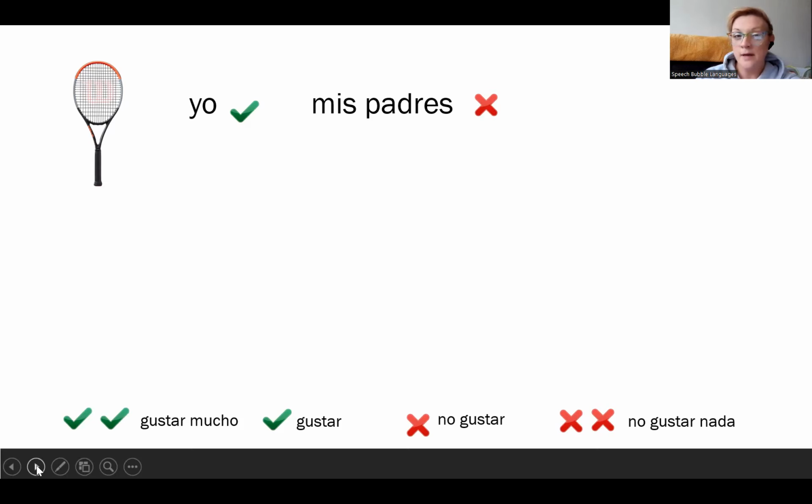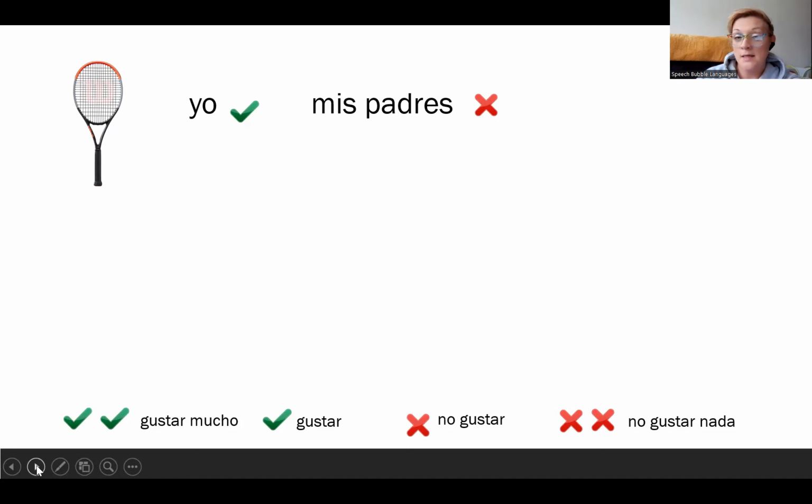For example, here, our sentence has a little yo, I, with one little tick, saying that I like tennis. Then we have mis padres with one little x, but your parents, my parents, don't like tennis. So your job is to piece that information together to generate one sentence in Spanish. Which word do you think would be good to put in the middle here?